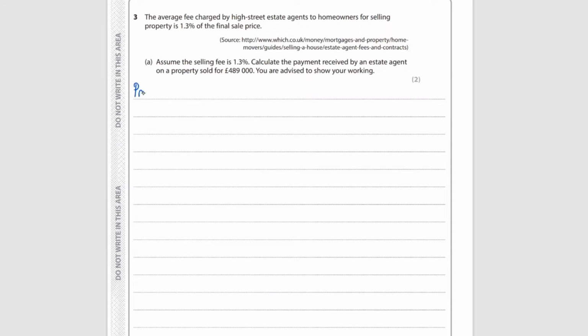Okay, so the property fee, sorry for my terrible spelling, is going to be 489,000, so that's the final sale price.